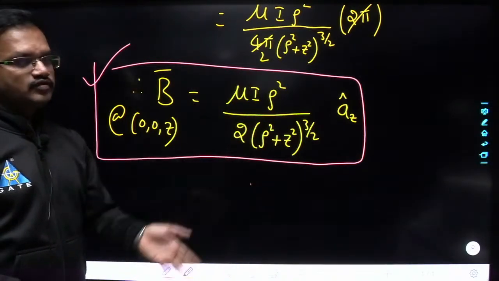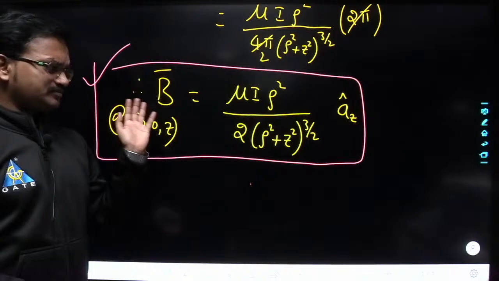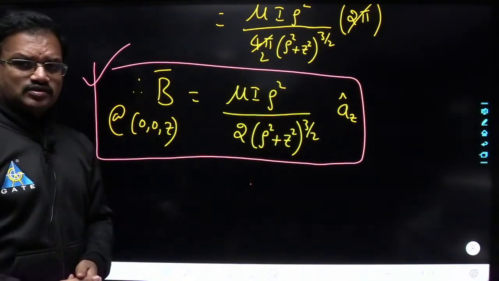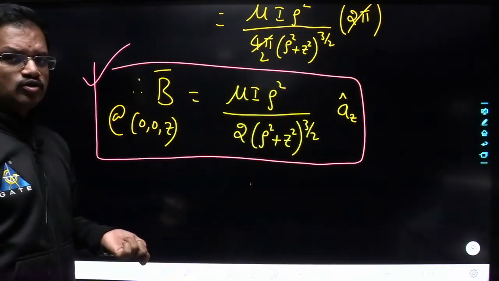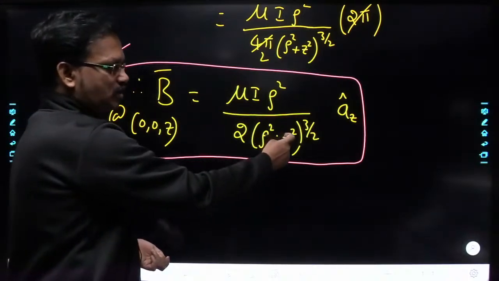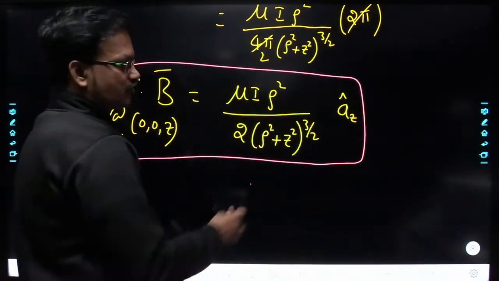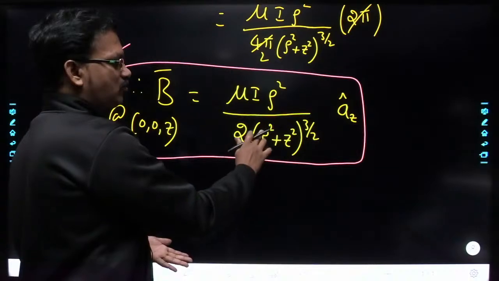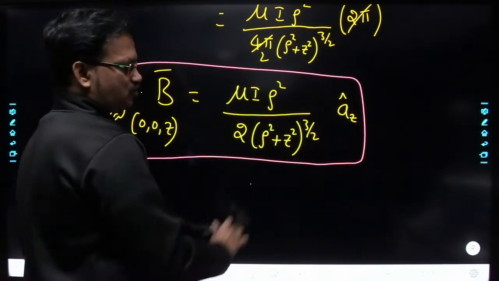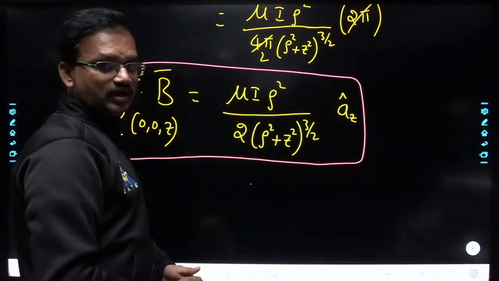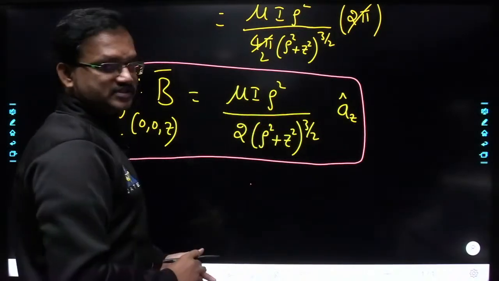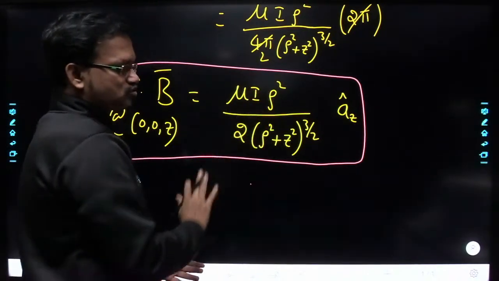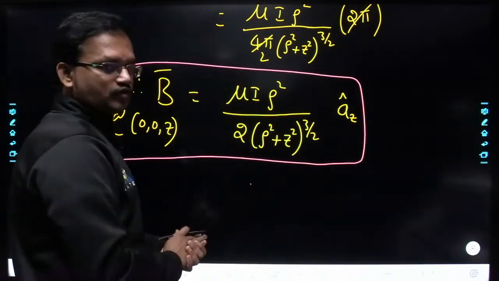From here also we can get the same result. At the center of the circular loop, z is equal to 0. So if you put z equal to 0, you are going to have rho square whole to the power of 3 by 2, that is, rho cube in the denominator, and rho square is present in the numerator. Rho square gets cancelled, and only rho is left in the denominator.